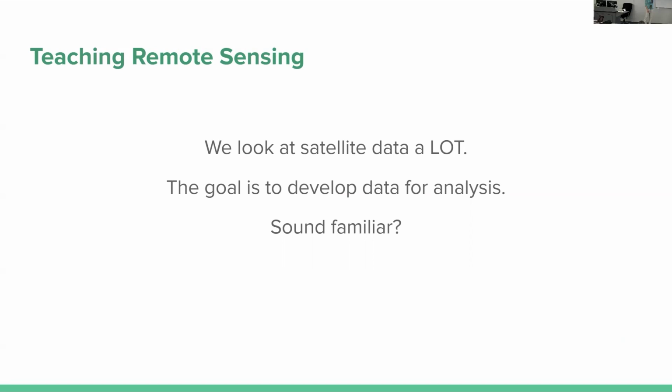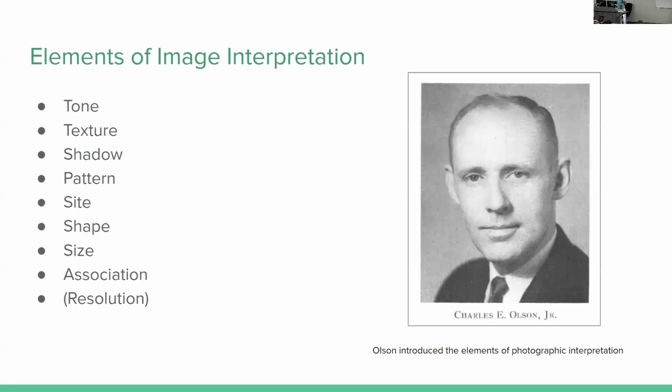So does that sound familiar? This is a lot of the mapping that we do. And so I thought, oh, right, well, after we talk about all the physics of things, I can insert in the image interpretation module, bring in OpenStreetMap as a tool to let people actively understand how they're using their eyes, their brains, their thoughts to look at satellite imagery and think about what that stuff actually is.